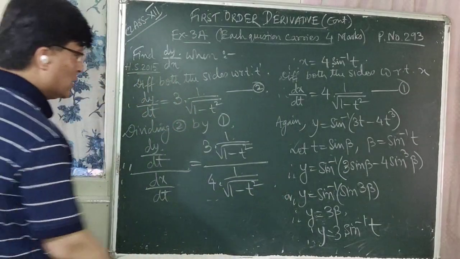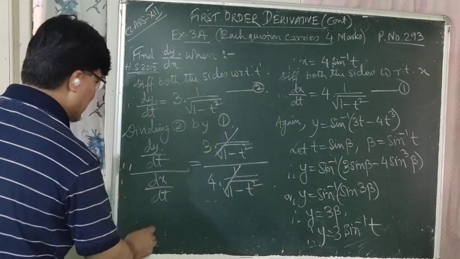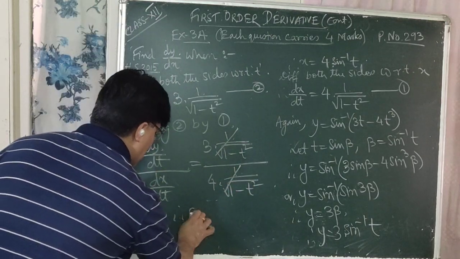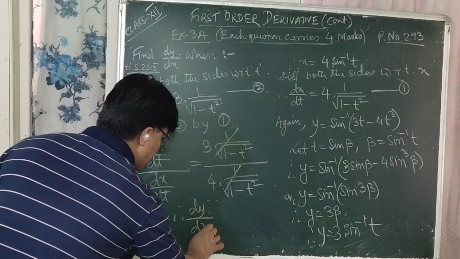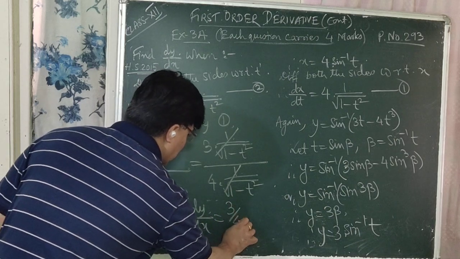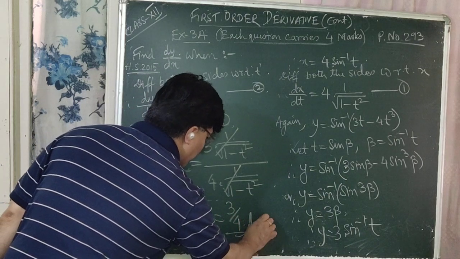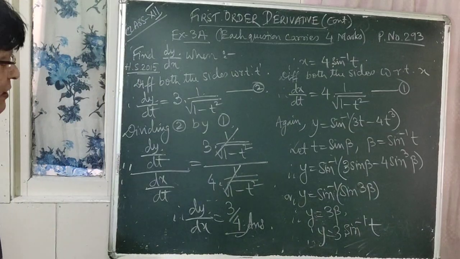Is that clear? So you can cancel it, these 2 will be cancelled, here dt gets cancelled. So what is the simplified value of dy by dx? It is 3 upon 4. So this is the final answer.